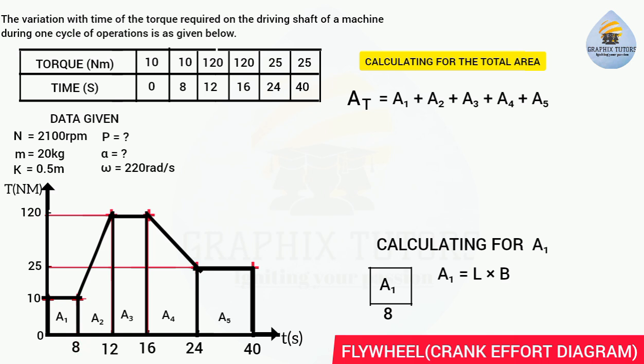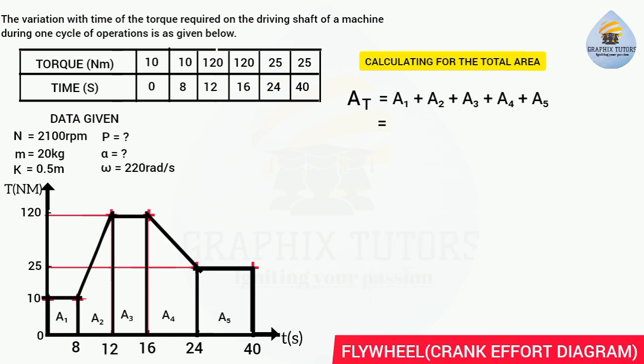That will be 8 minus 0, and that is still 8. Multiply by the height here, which is on the torque axis, and that is 10. So 8 times 10 is what? It's 80. So I'll represent my A1 here to be 80. Plus, for the A2, it is a trapezium.